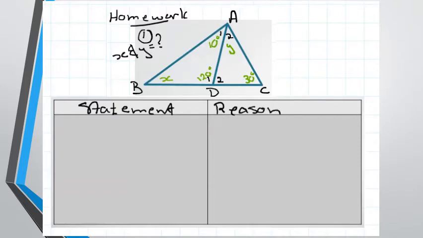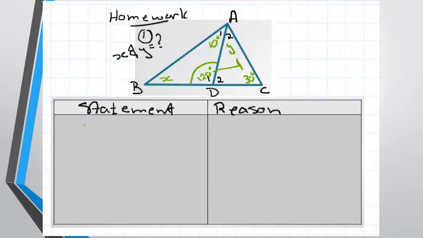If I start looking at my diagram now, I can clearly see the triangle on the right, that the exterior angle equals the sum of the opposite interior angles.